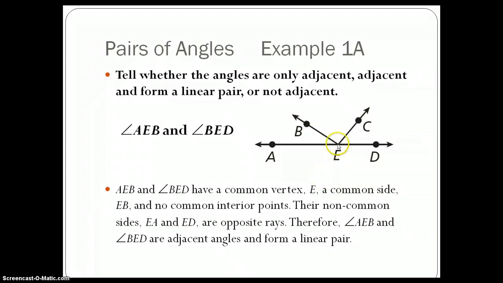We can see that they have a common point, and that's the vertex E for each of them. AEB and BED share a wall, so they are adjacent. But not only that, their non-common side forms a line. So these are not only adjacent angles, but they also are a linear pair.